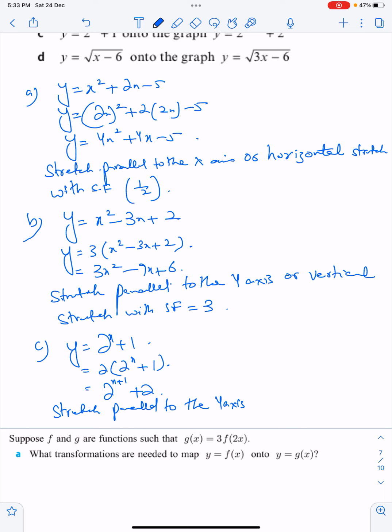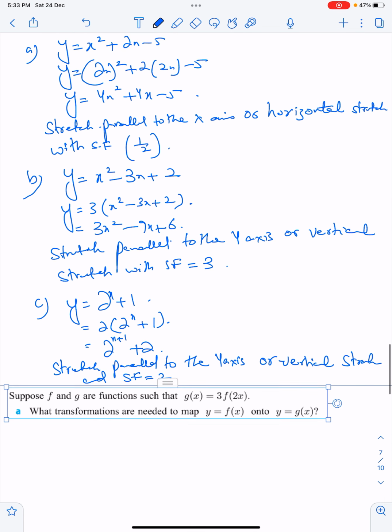You can even call this a stretch with x-axis invariant. Whenever it's parallel to the y-axis, the x-axis is the invariant line, so you can call it a stretch parallel to the y-axis, or a stretch with x-axis invariant, or a vertical stretch, and the stretch factor is 2.